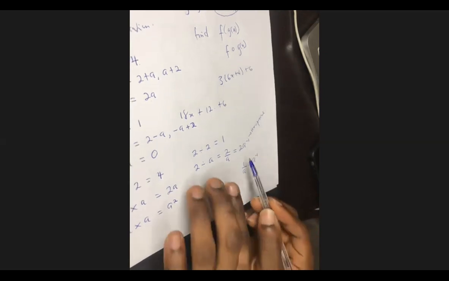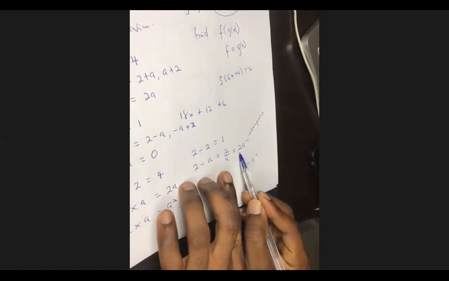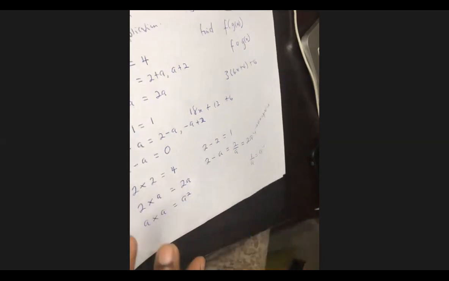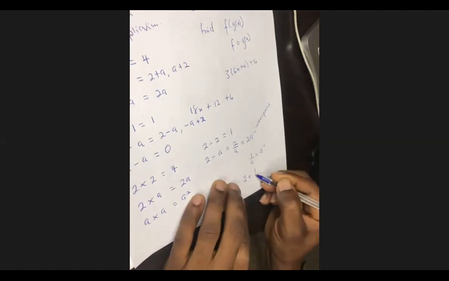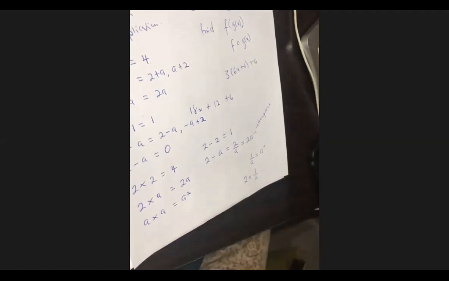Now, the reason why I kept this 2 here is that this expression actually means 2 times 1 over a. Now, natural numbers start from 1, whole numbers start from 0, and integers are positive and negative whole numbers.